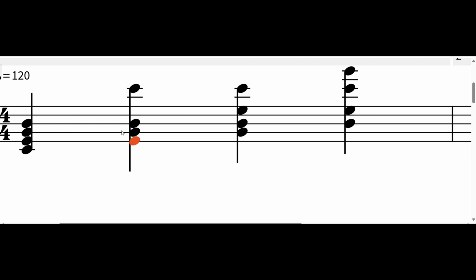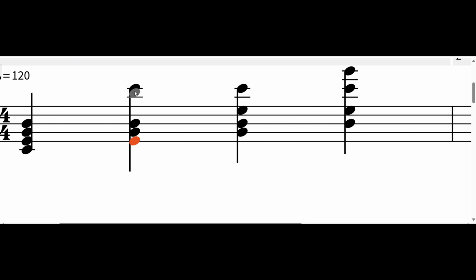And I did it like this so you can clearly see what is happening, but this doesn't sound good, and so you don't need to do it like this.